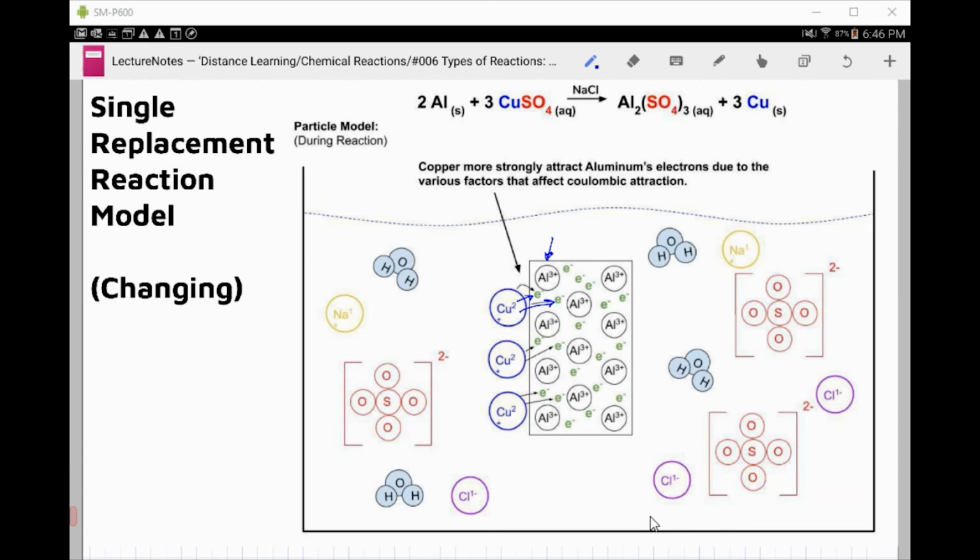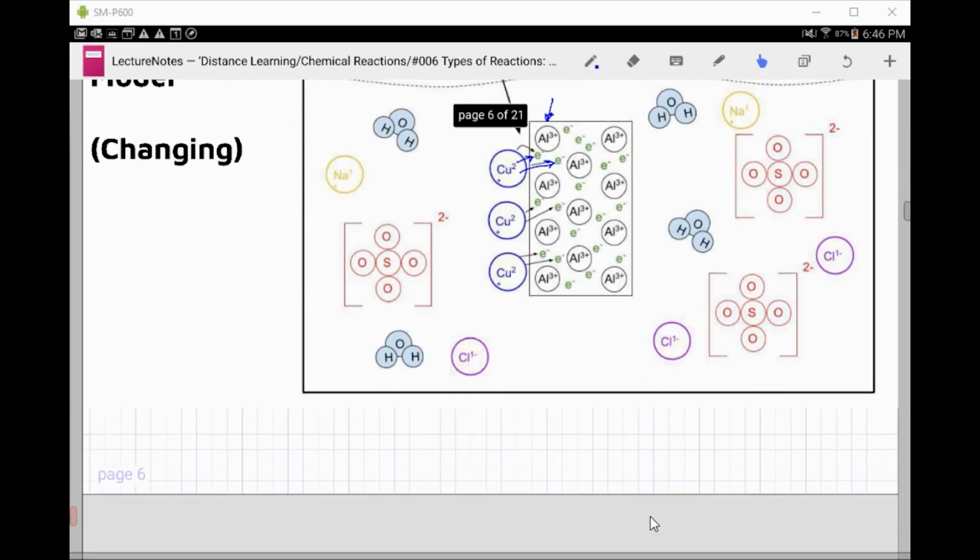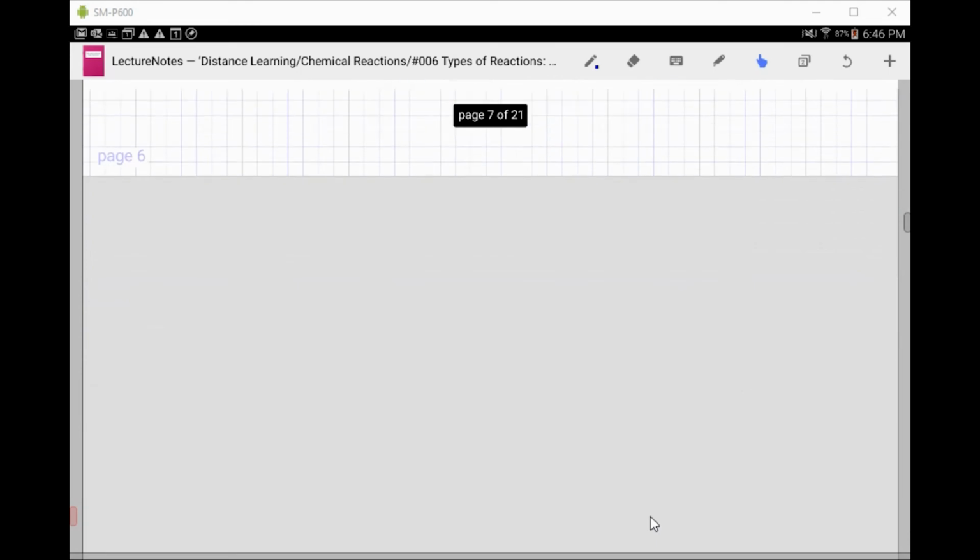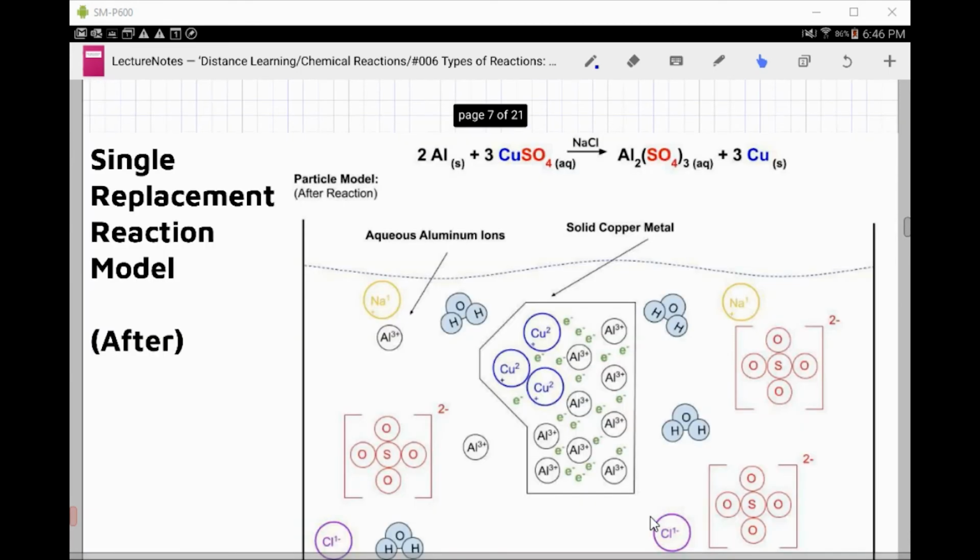Now, because of the ratio of the charges of the ions, we are going to have a 3-to-2 relationship here, where we're going to be using up 2 aluminums and gaining 3 coppers out of it. Because of those charges, 3+ on the aluminum and 2+ on the copper. Now, as this happens, those copper ions that were free to float around the solution are no longer going to freely float around.